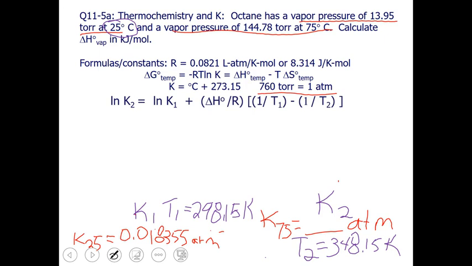As far as the R goes, we are trying to get energy units for our enthalpy change, so we should use the 8.314.